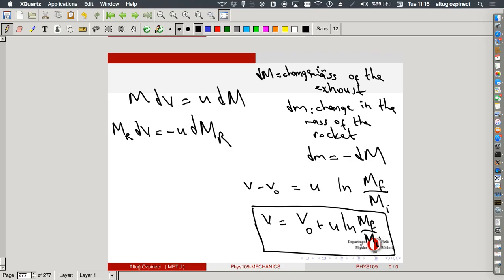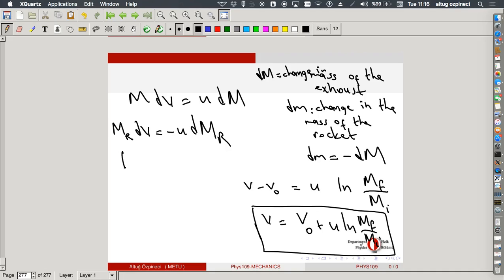So is it clear why we have that minus sign? Because initially we described dm to be a positive number. But a positive number cannot be the change in the mass of the rocket, because the rocket is losing mass. So that's why at this point, we explicitly make the conversion to the change in the mass of the rocket.